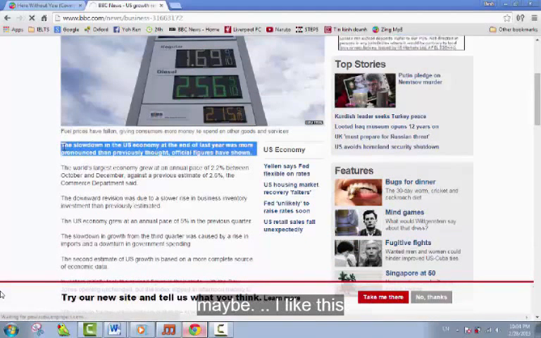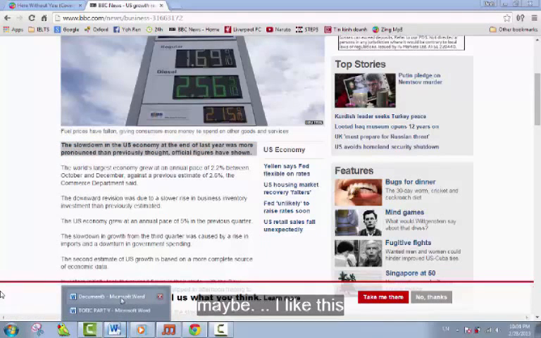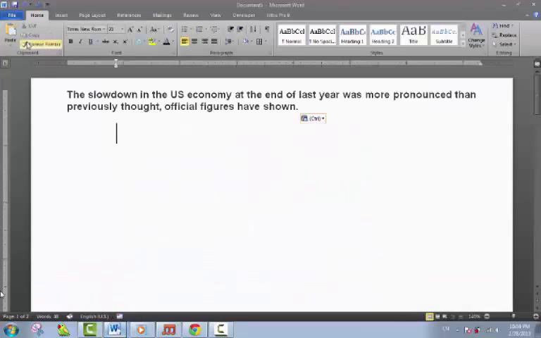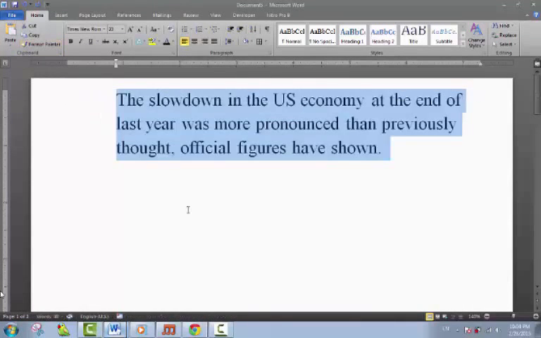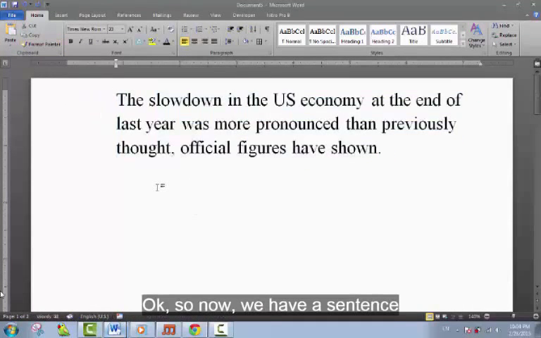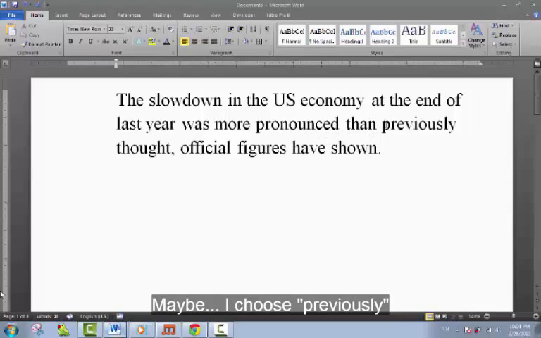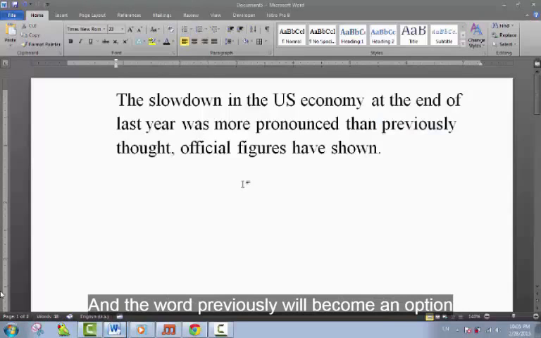Maybe like this. Okay, so now we have a sentence. Next, we need to take out a word to make it blank, right? Maybe I choose previously, and the word previously will become an option.